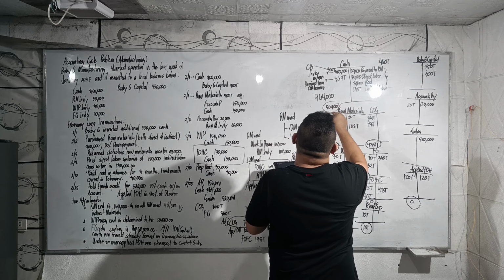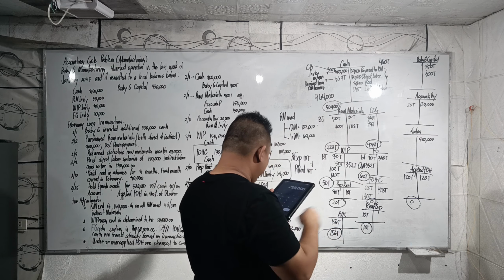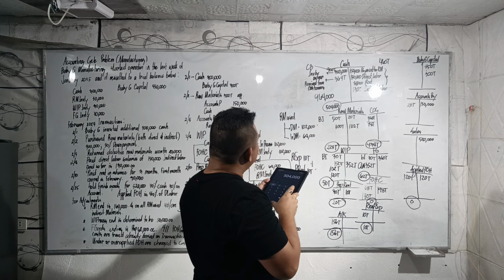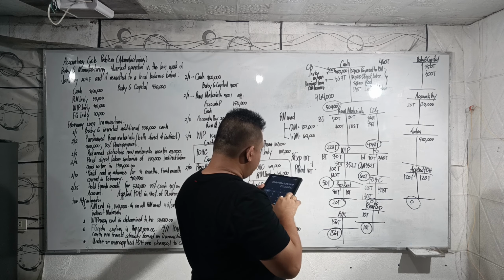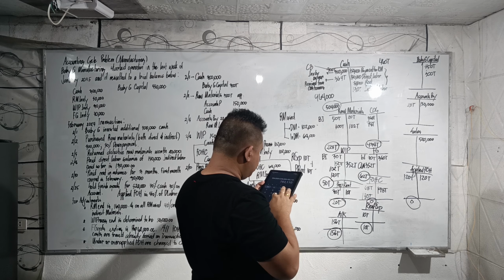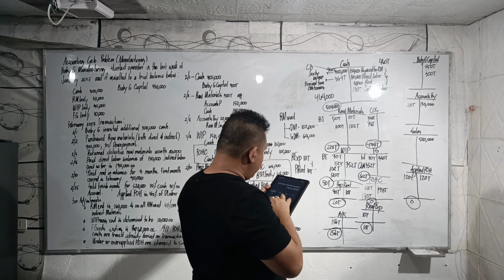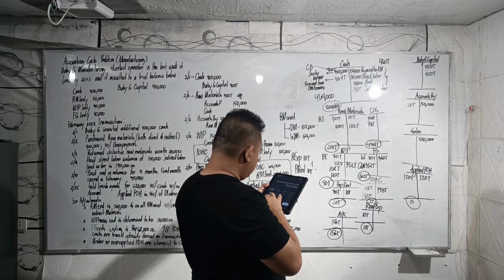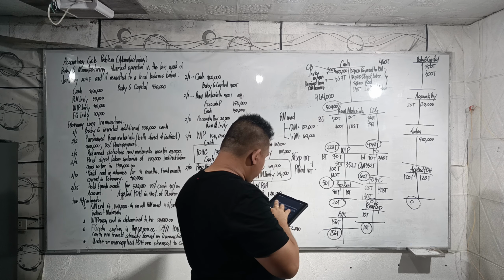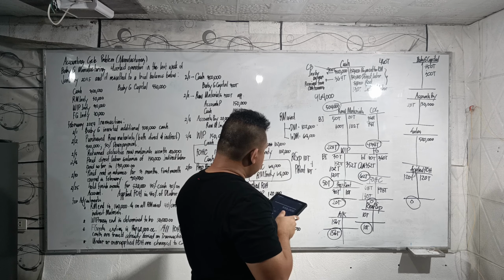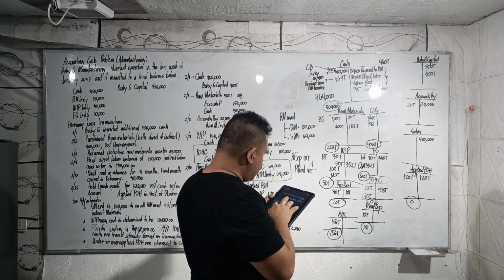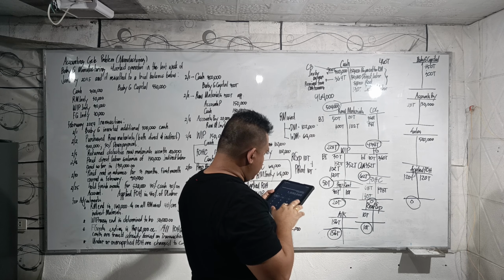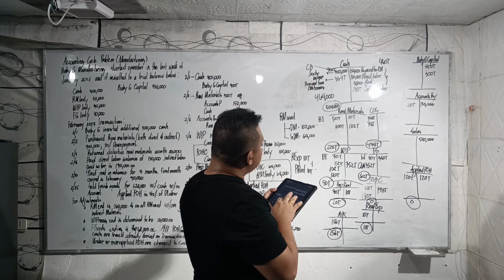It should have been encircled. 504,000 plus 228,000 plus 50,000 plus 20, plus 156,000 plus 10,000 plus 0 plus 62,000 plus 438,000.